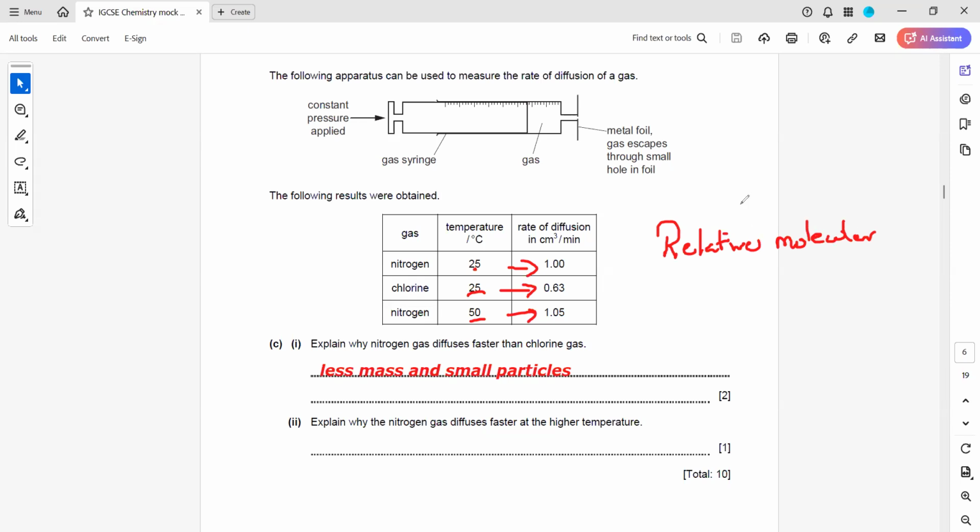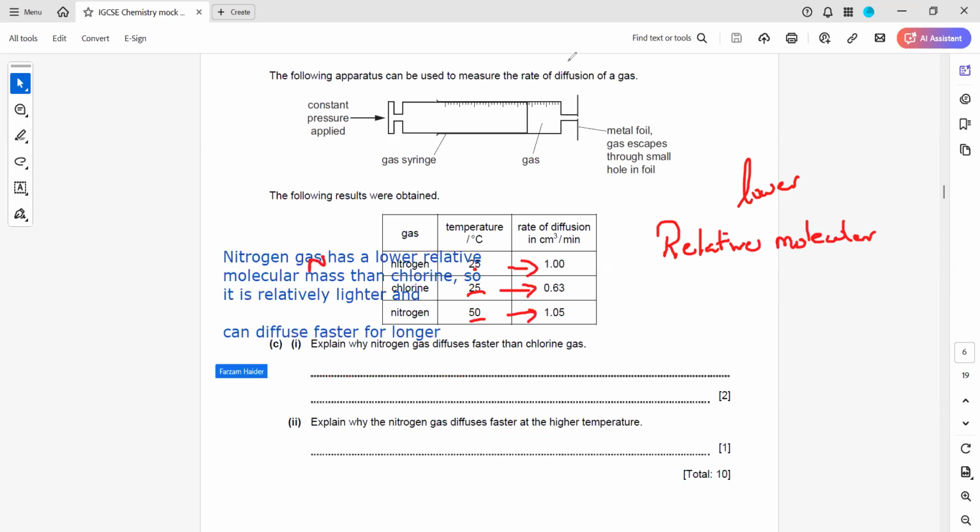So you will say nitrogen has a lower relative molecular mass, so it will move faster or diffuse faster.